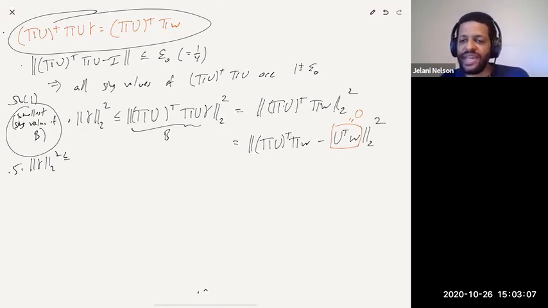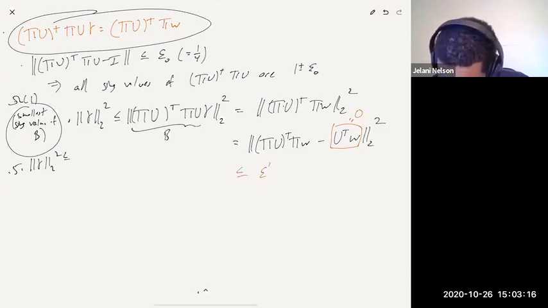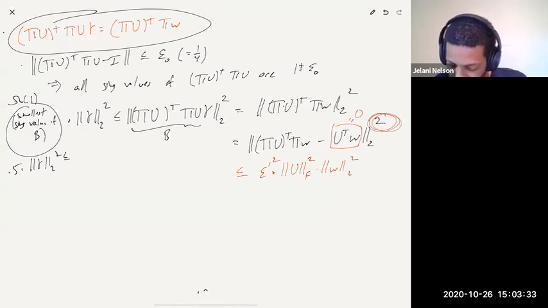So by the approximate matrix multiplication property, this is at most epsilon prime times the norm squared of U, Frobenius norm squared of U, times the norm squared of W. And this is also squared, since I'm squaring everything on the right-hand side. Epsilon prime was root epsilon over d. So this is epsilon over d times d times opt. The d's cancel. This is equal to epsilon times opt.